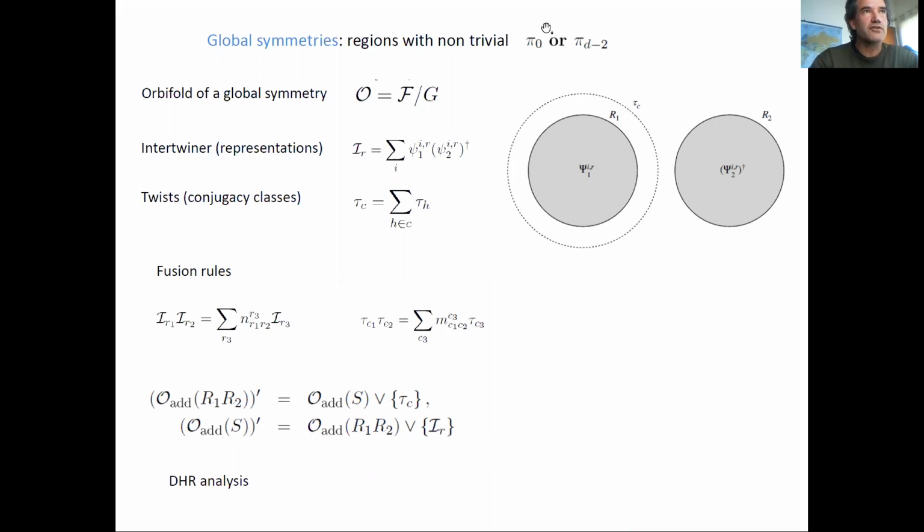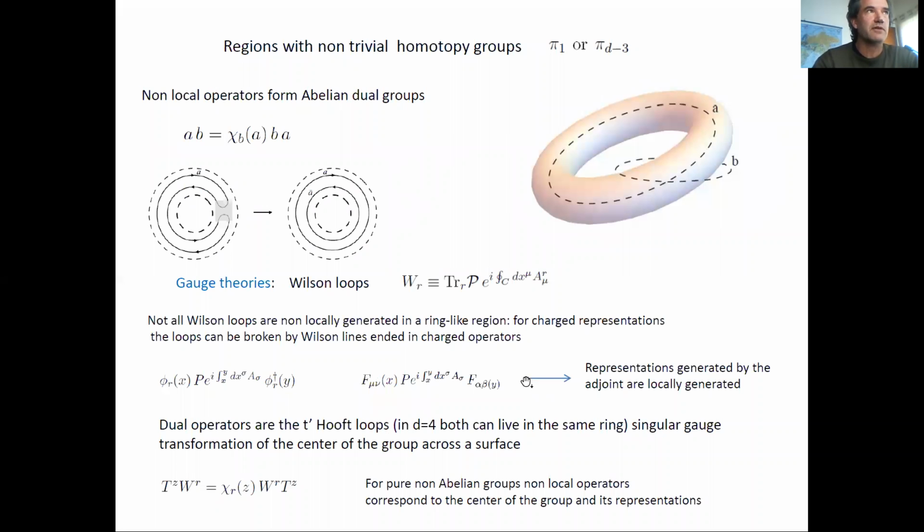This is for regions with non-trivial pi 0, pi -2, but then you can think, well, what happens with regions with non-trivial pi 1. So, for example, this torus-like region in 4 dimensions will have a non-contractible circle.